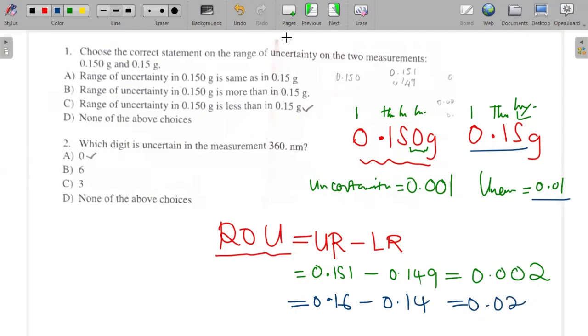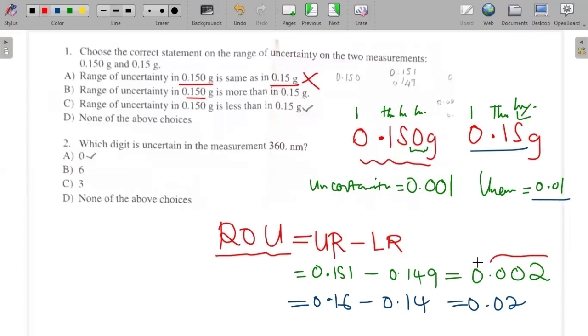Now we can go back to the question and check the options. The first one says the range of uncertainty in this number is the same as this. This is false, because the ranges are not the same. This is 0.002, this is 0.02. So this one can't be the answer. Option B says the range of uncertainty in 0.150 is more than this.